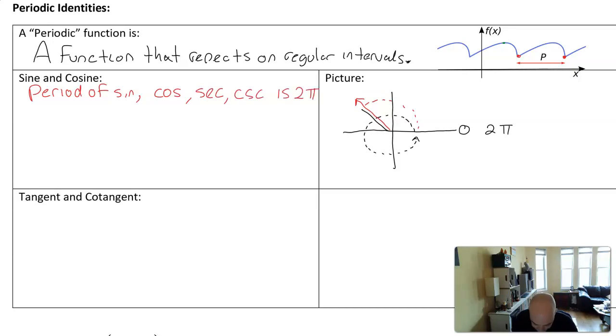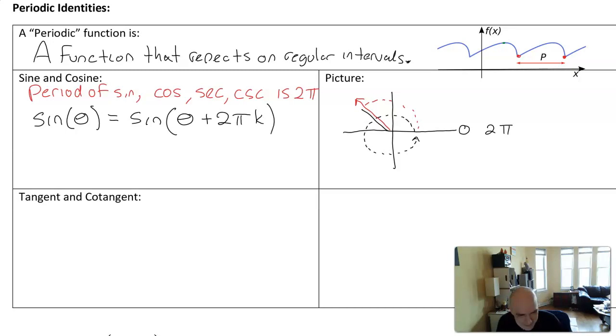And we'll write that as an identity by saying that sine of theta is equal to the sine of theta plus 2 pi k. What does that mean? It just means that you can go around the circle k times and get the same values.